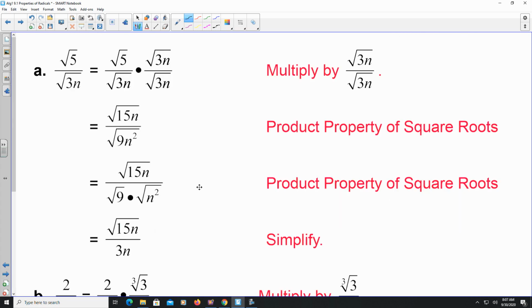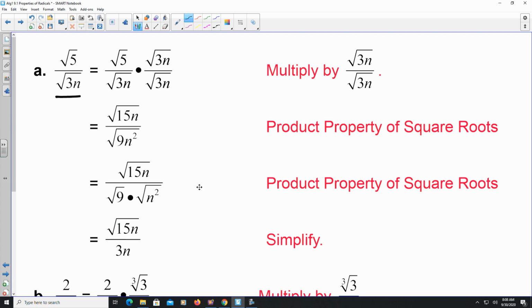All right. So, like I said, when it comes to fractions, you're not allowed to have a radical in the denominator. So what you must do is what is called rationalizing the denominator. So I have this 3 square root of 3n in the denominator.